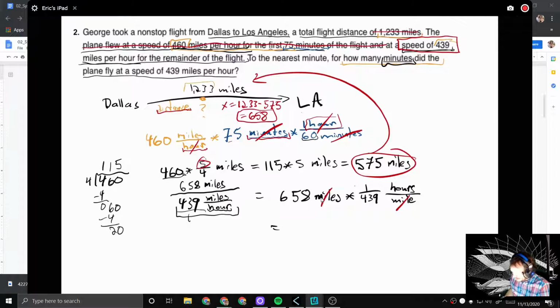Still not our answer. Really easy to make the mistake at this point and get the problem wrong. We don't want hours. We want minutes. They underlined it for us. So I'm going to multiply that by how many minutes in an hour? 60 minutes per 1 hour.